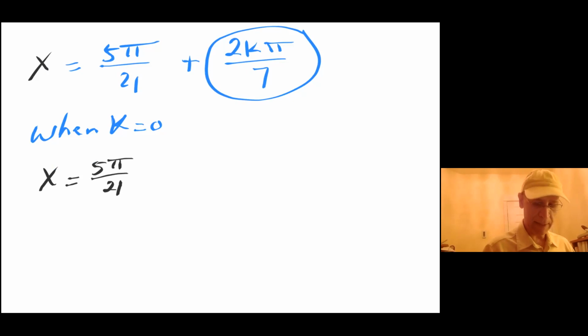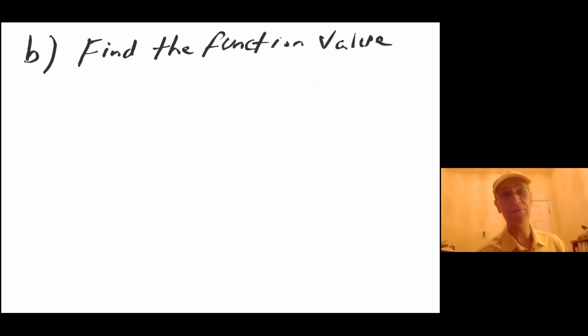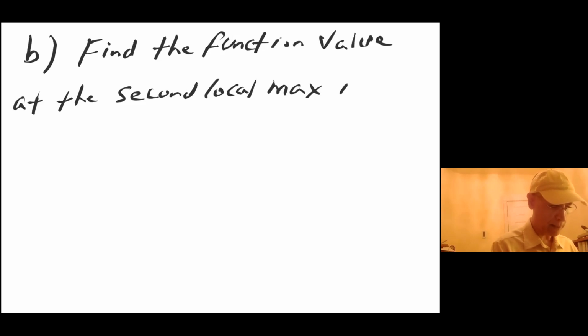So part B: find the function value. That means find y, the function value, at the second local max in quadrant 1.